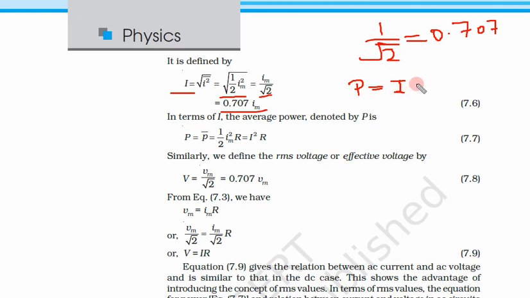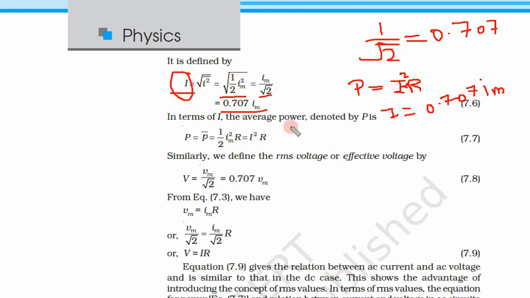So if we take current to be 0.707 of maximum current and put this value, then we directly get power in an AC circuit as I square R, where I is equal to 0.707 of the maximum current. This current is called effective current or root mean square current.